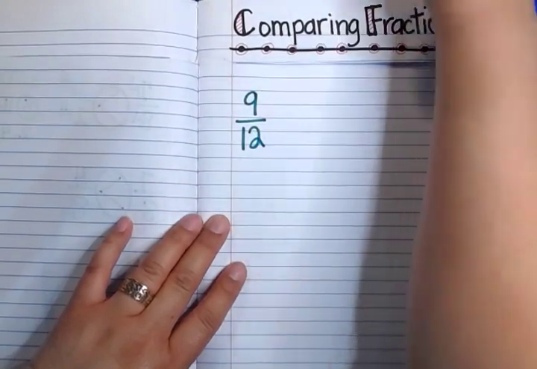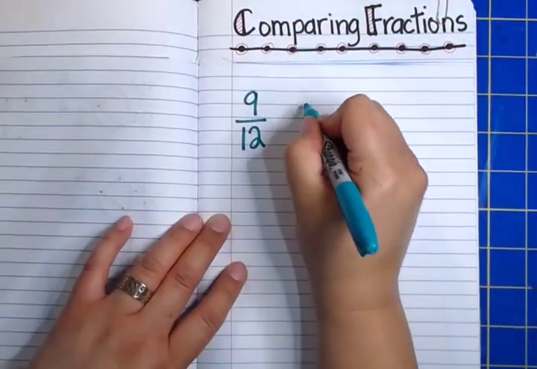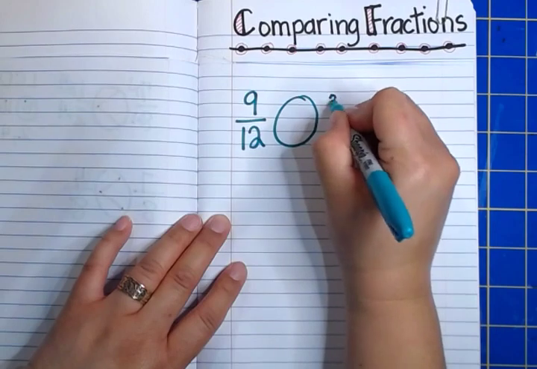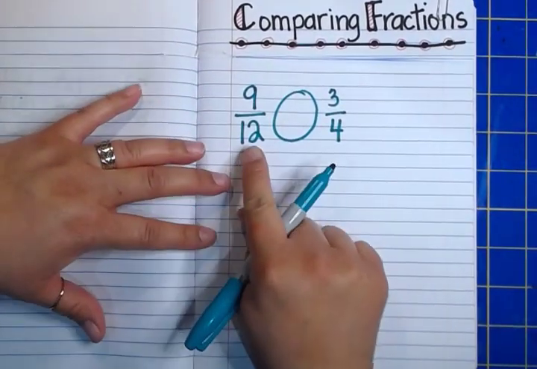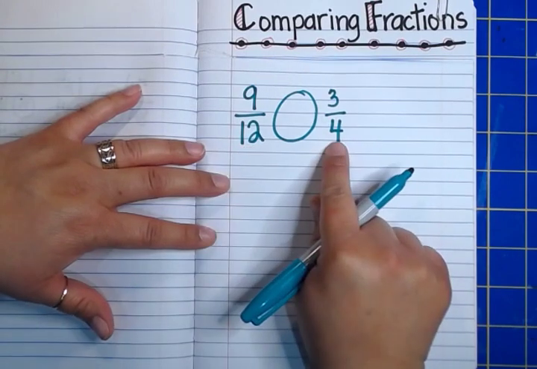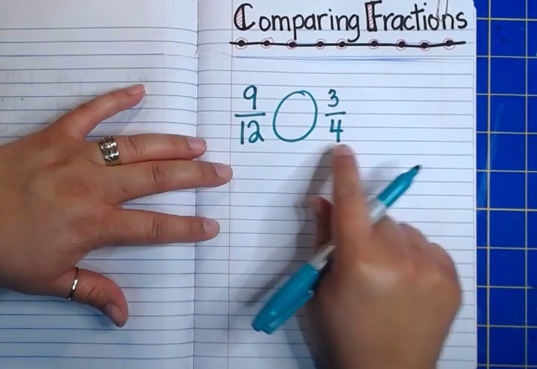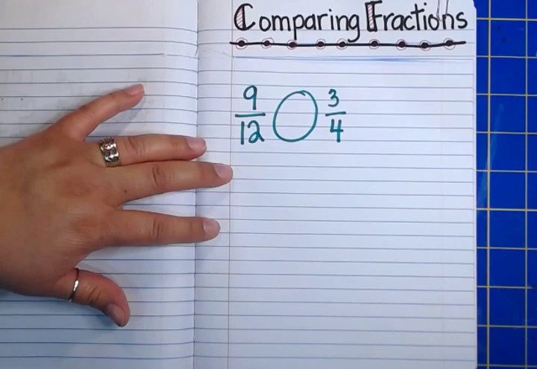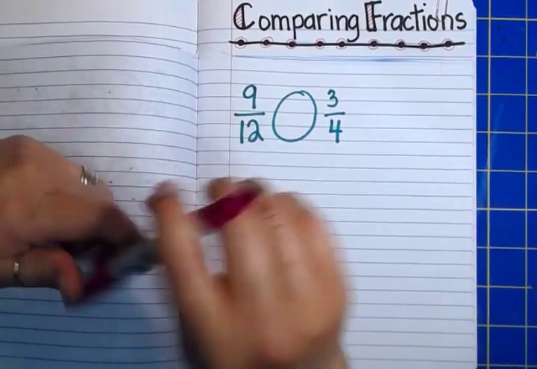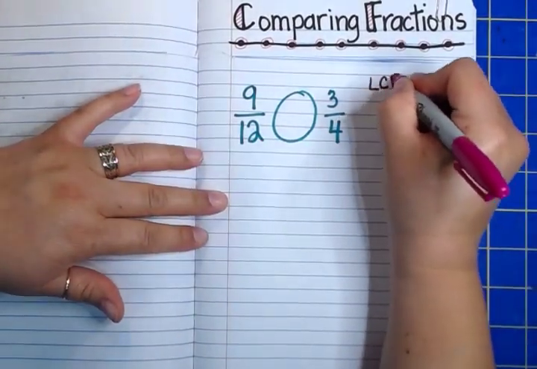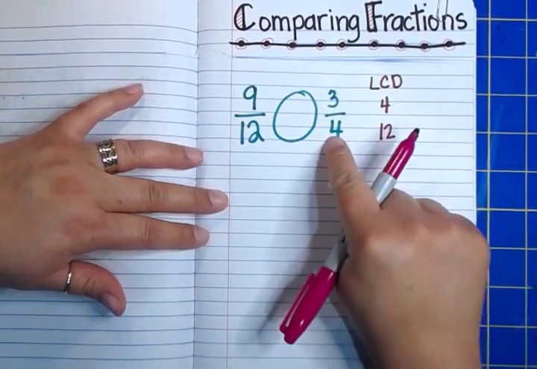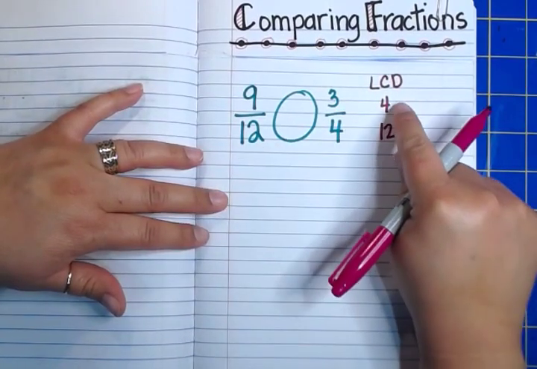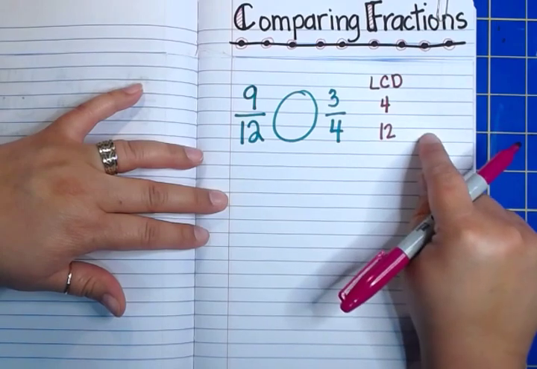Let's do 9/12 and 3/4. Again, I can tell that my denominators are not alike, which means I have to find a new lowest common denominator, and I do that by writing my multiples of the denominators and see which one they have in common.